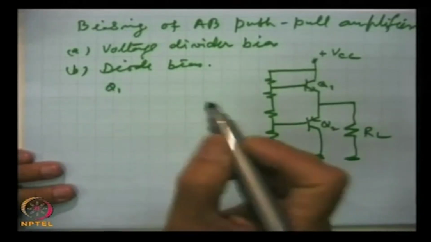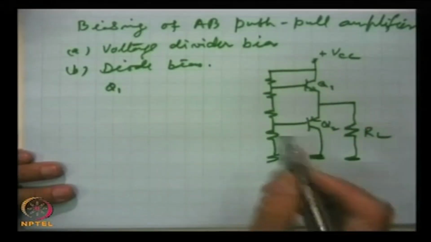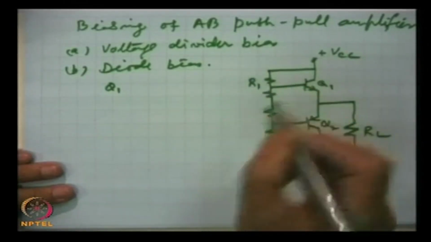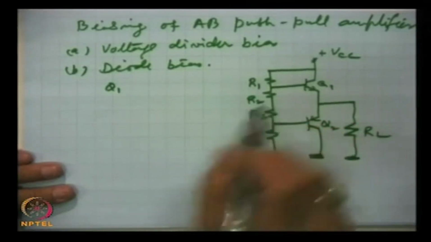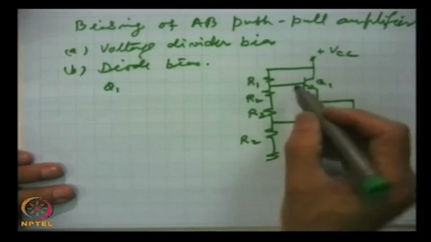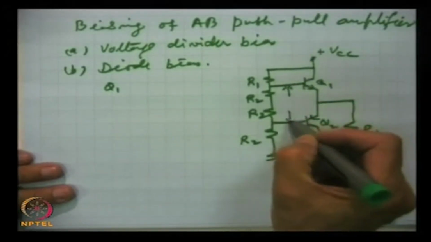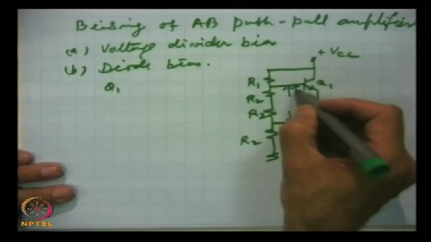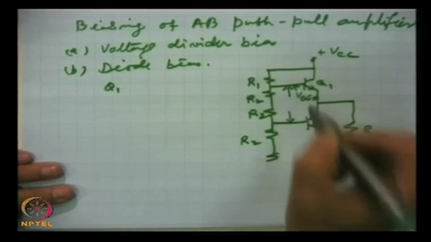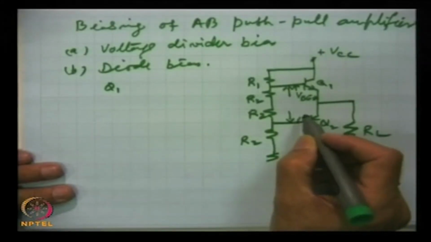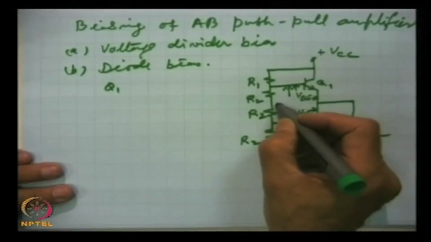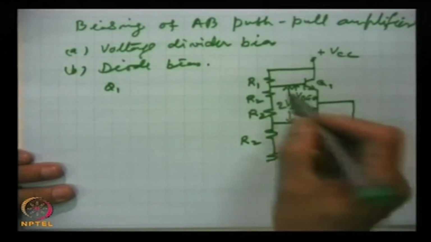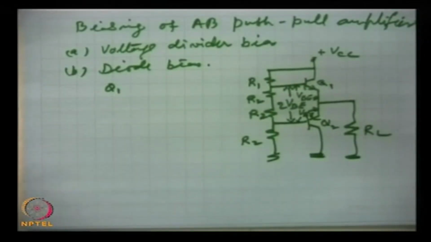Q1 is this, this is voltage divider bias, and here this resistance R1, this is also R1, this is R2, this is R2, and this R1 and R2 have been chosen such that the voltage developed across here is VBE for this and VBE for this transistor. That means 2 VBE.